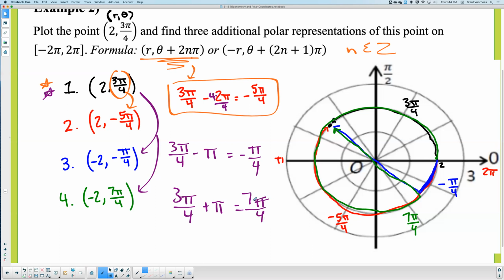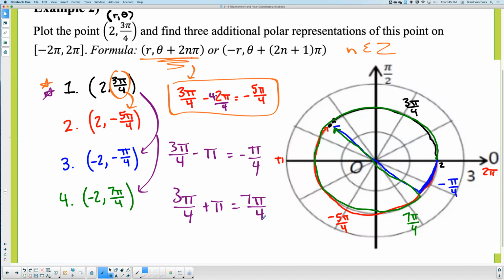Okay, so one more time, what's that formula saying? If you have any one point, you can add or subtract pi's to get all the values. That's all it's saying. It's a complex way, goodness gracious, of saying if you add or subtract pi's, you can get all your values. If you're adding or subtracting 1 pi, that's what I have in purple. What happens to your radius if you add or subtract 1 pi?